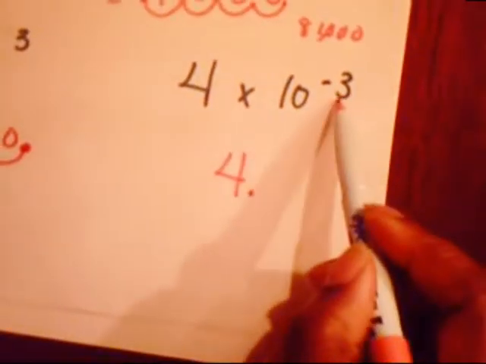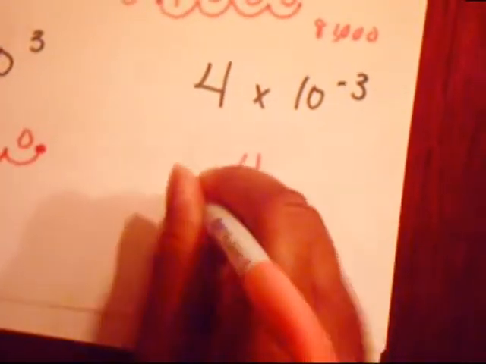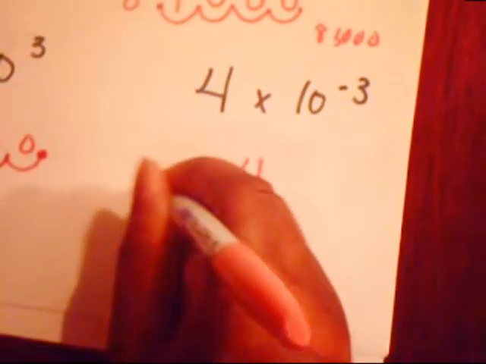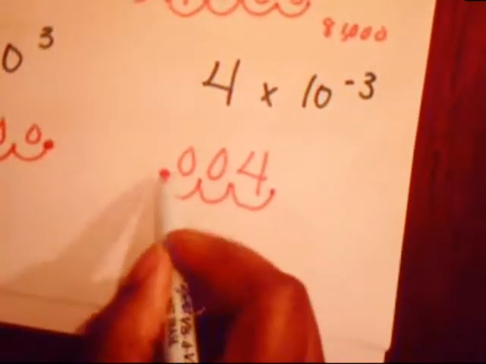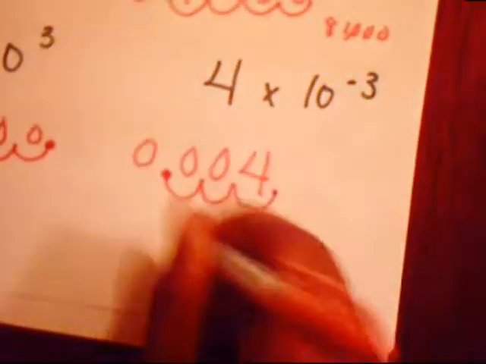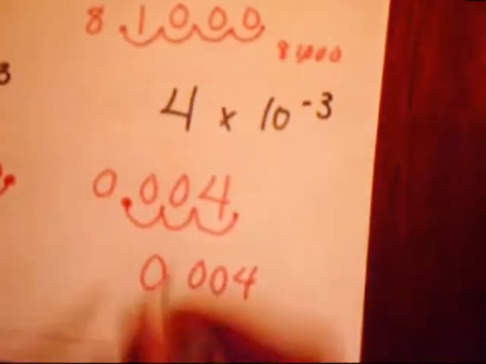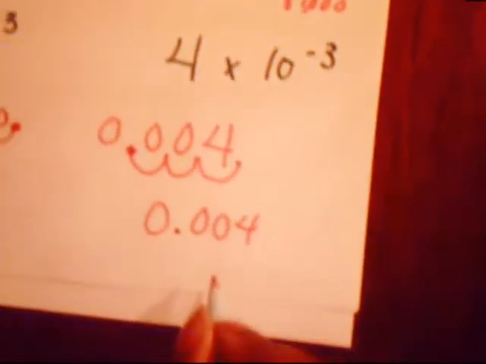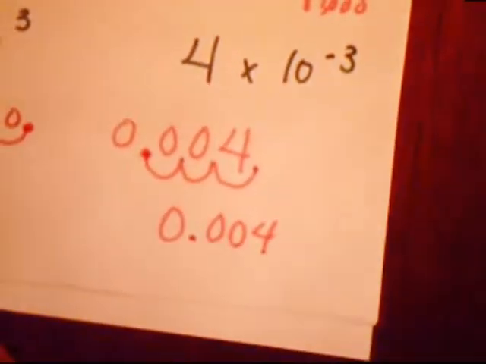And I'm going to move it 3 places to the left. 1, 2, 3. And in all those extra spaces, I can just fill in zeros. And if you want a placeholder, you can put a 0 right there as well. So it's 0.004. Or how we would read this, like 8th graders, we would read this as 4 thousandths.